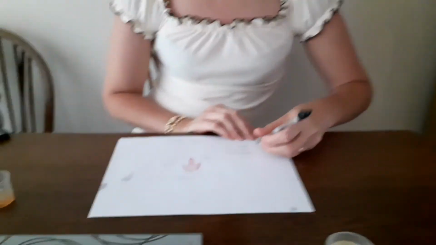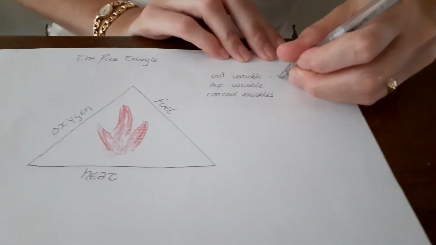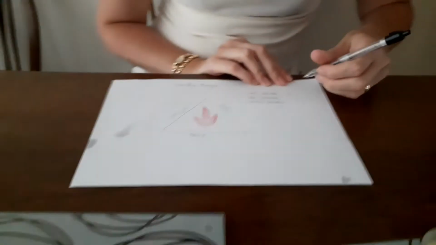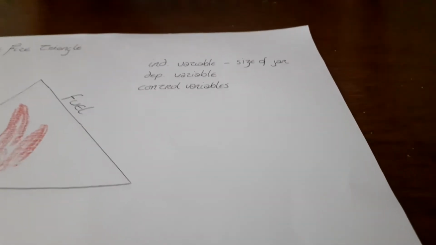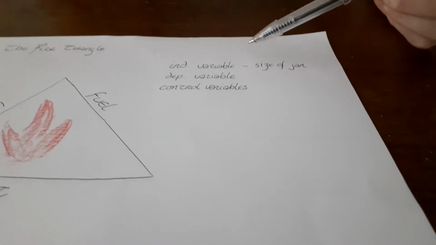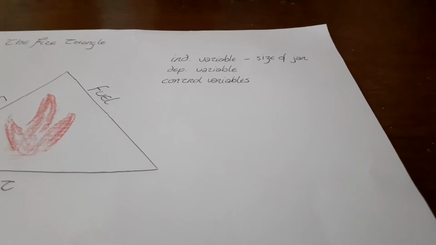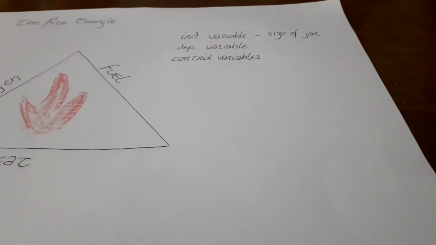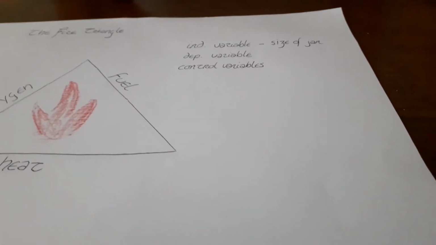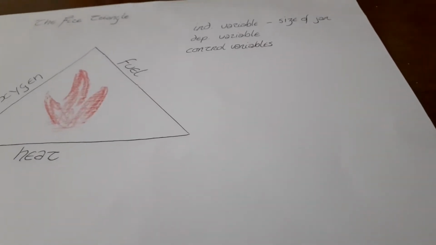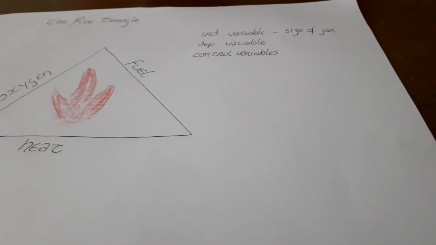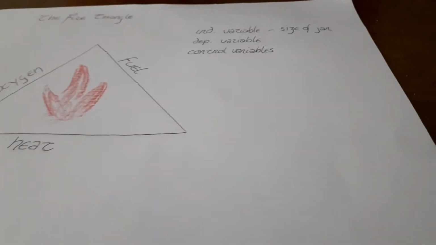Our independent variable: size of the jar. Okay, so that's what we're changing. We are changing the size of the jar. Well done. Yes, the size of the jar does mean the amount of oxygen the fire has. So you can write that for your independent variable. We're changing the amount of oxygen available to the fire.